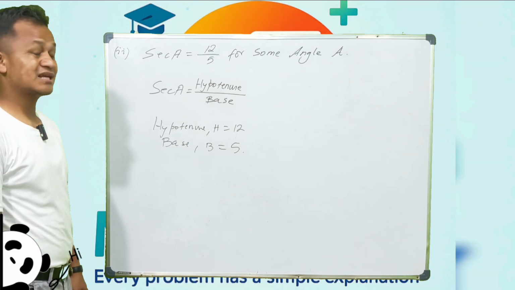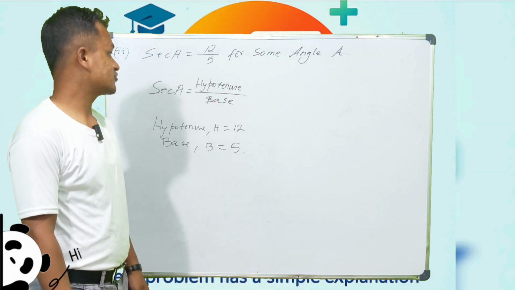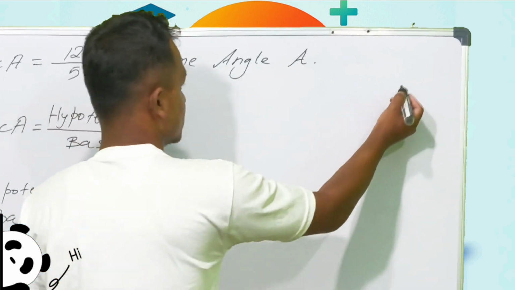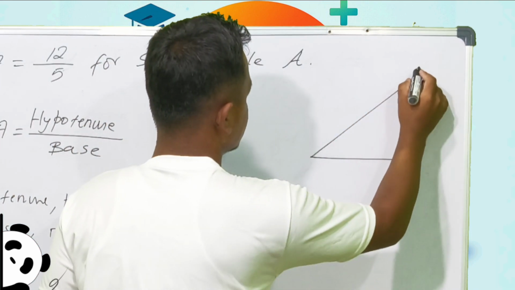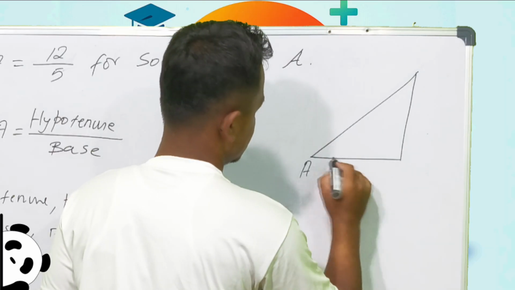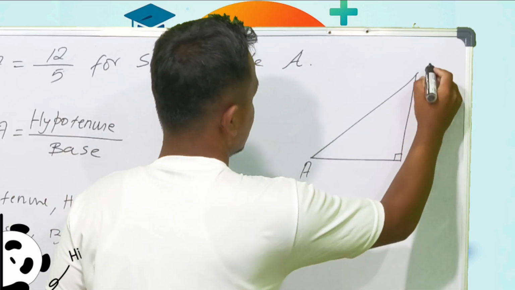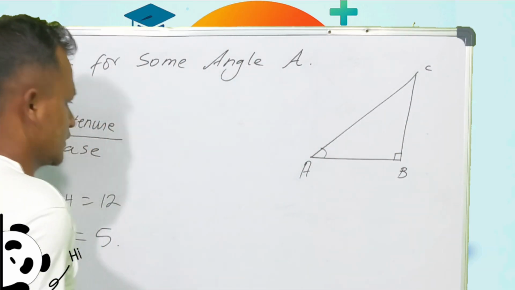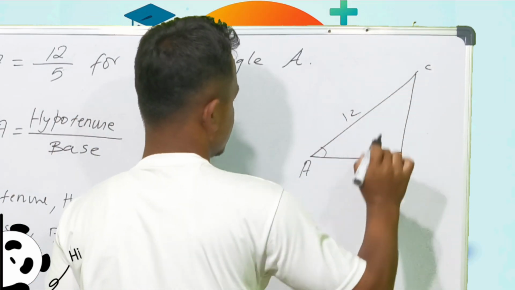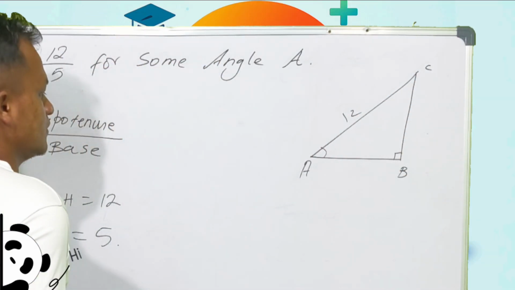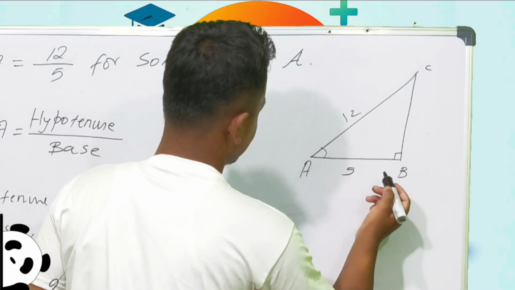And for this problem, let us consider a right-angled triangle ABC, where A is here, B is this point, and C is this point. So sec A, that is AC, is like the hypotenuse, so it is 12, and AB is like the base, so that is 5.